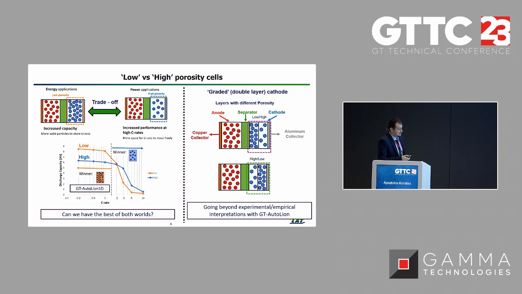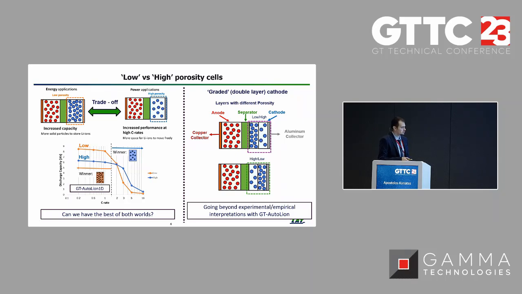And an idea to achieve this is to use a graded or double layer cathode. And in our study, we examined the case where there may be layers with different porosity. For example, if we can see here the cathode, you may have the low porosity region near the separator and the high porosity region near the collector, and also the opposite displacement.